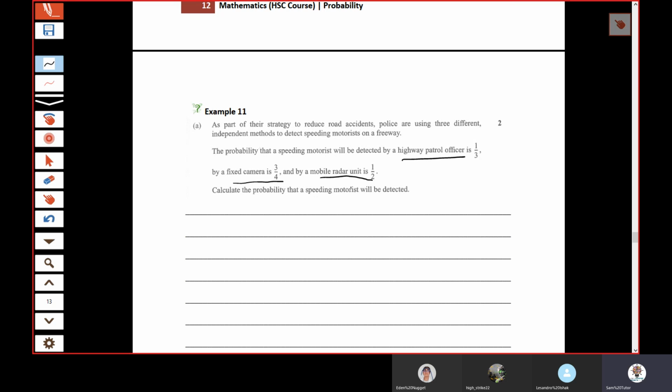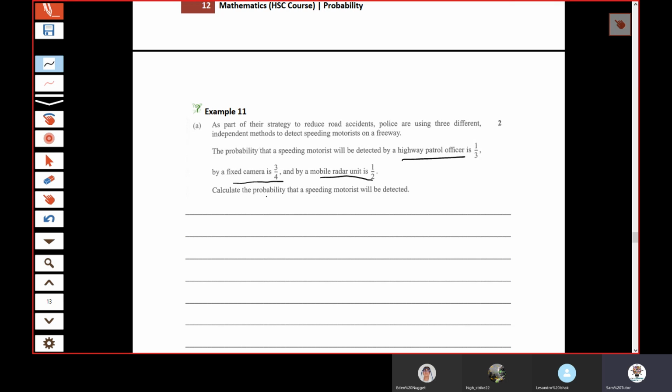The first thing you'll check is, do these things add up to 1? Of course they don't, they're more than 1. Calculate the probability that speeding motorists will be detected.